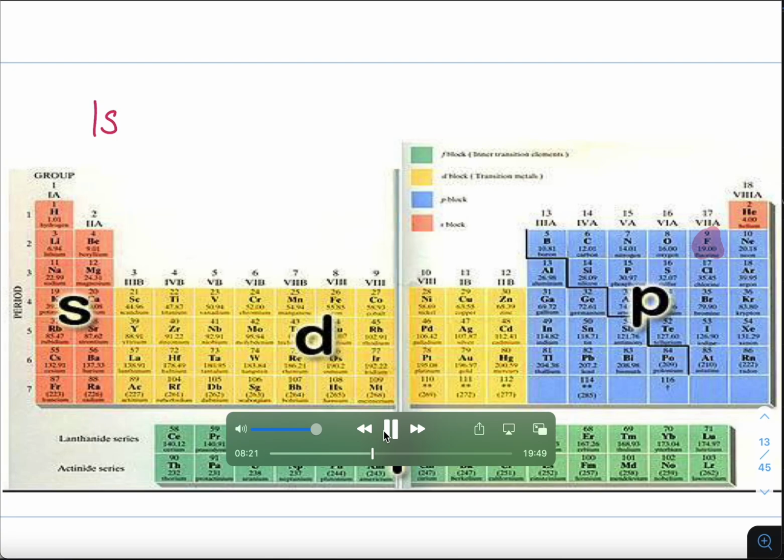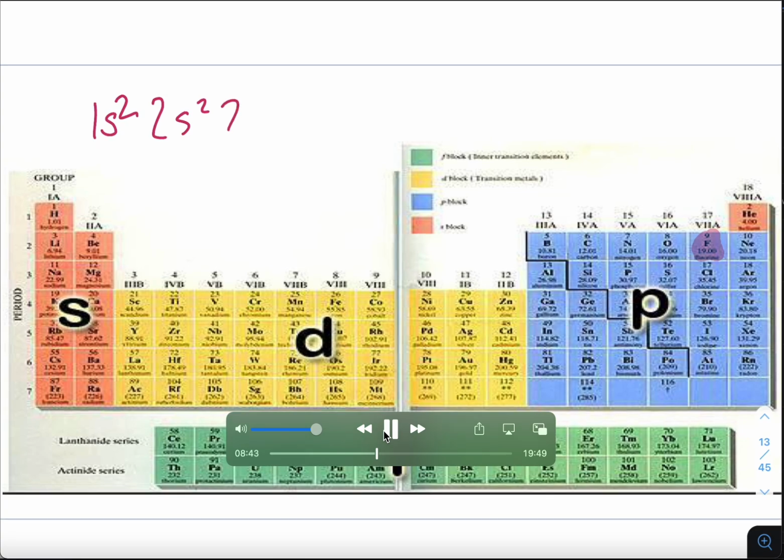So that means 1s2. 2s2. And then there's nothing here, so we go to P. 2p, 1, 2, 3, 4, 5. And you do count the element itself. And so that's fluorine. And that's the same exact answer we got before.